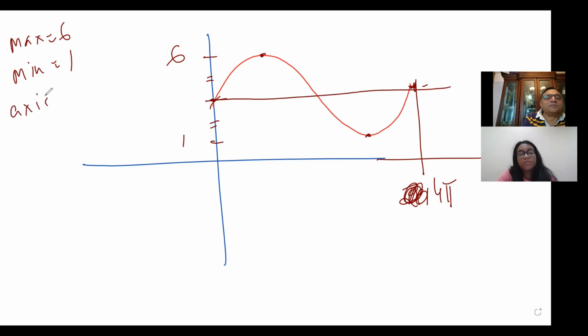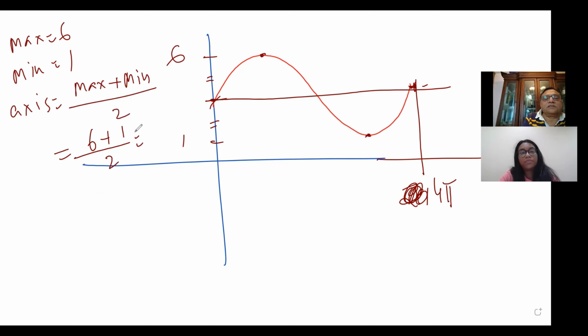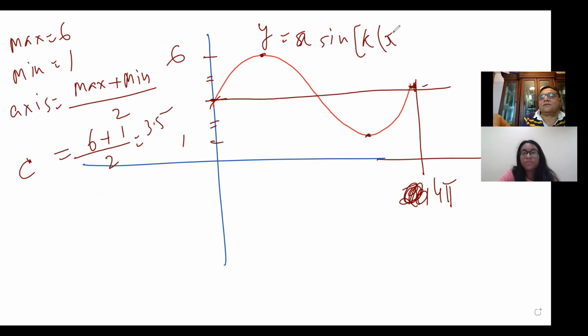Axis is the average: maximum plus minimum divided by 2, which is 6 plus 1 divided by 2, which is 7 divided by 2, 3.5. Do you see that? This is actually the value of C in your equation: y equals A sine K x minus D plus C. So we got the value of C.